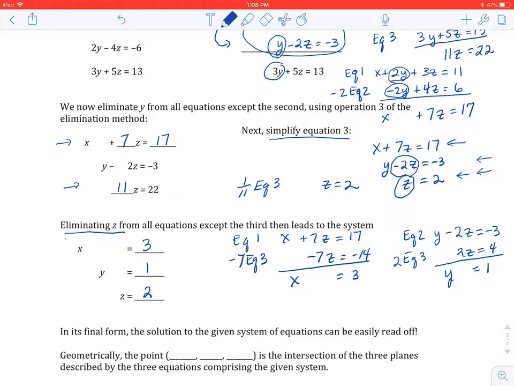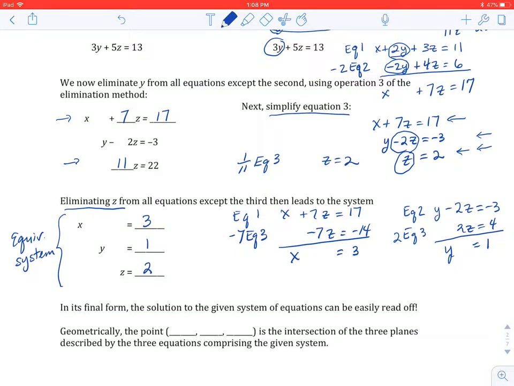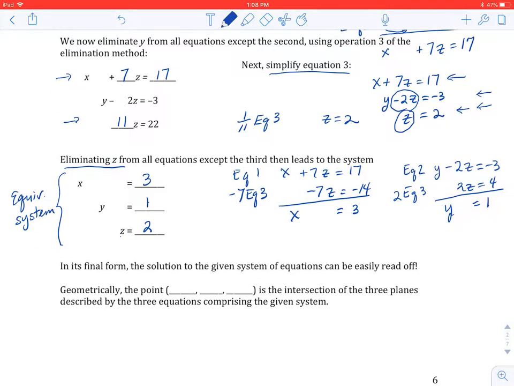All right, so I've got this equivalent system, and it has the exact same solution as the original system, and in fact it tells us what the solution is. The x equals 3, the y equals 1, the z equals 2. And we're going to just write that as an ordered triple.